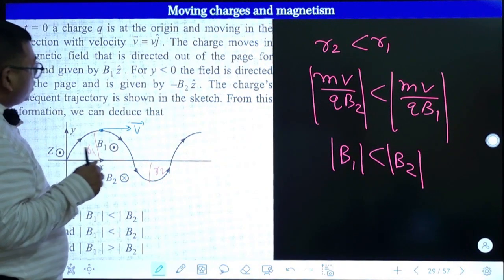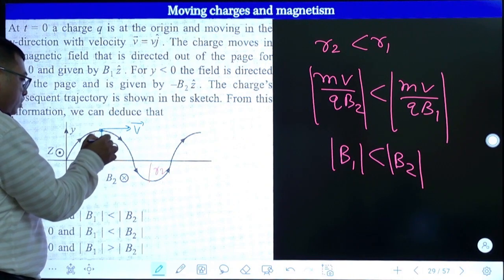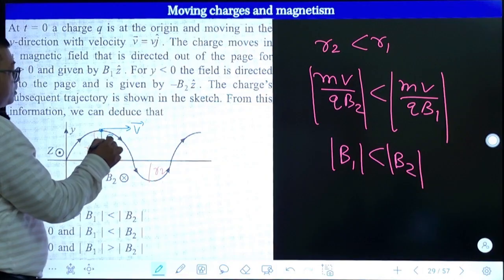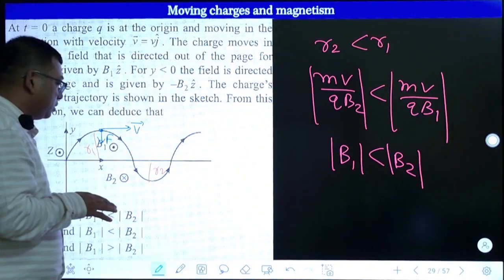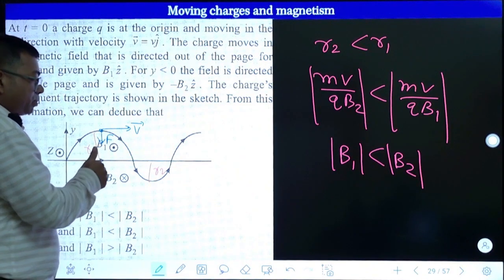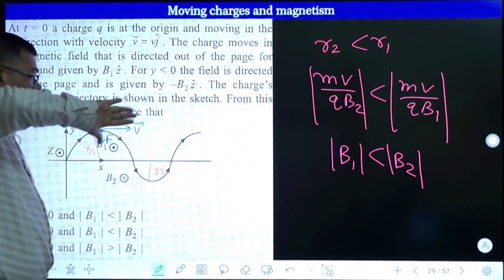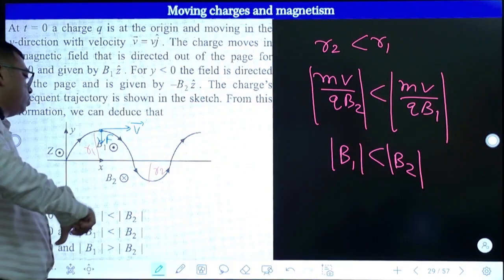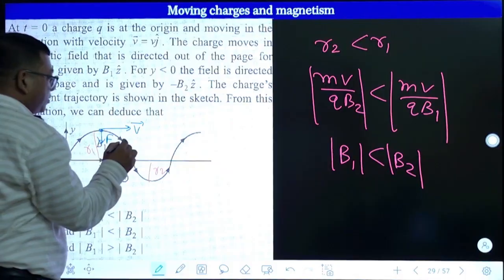So for V cross B, the force direction we know is directed towards the center, force is downward. So what will the V cross B direction be? First you calculate, because B is known, outward, and V is this way. So V cross B is coming downward. Downward means this charge is positive. It is definitely coming from here.